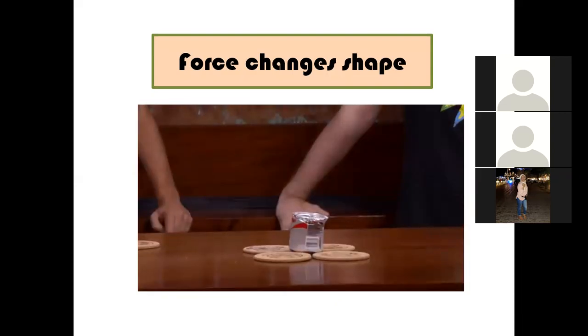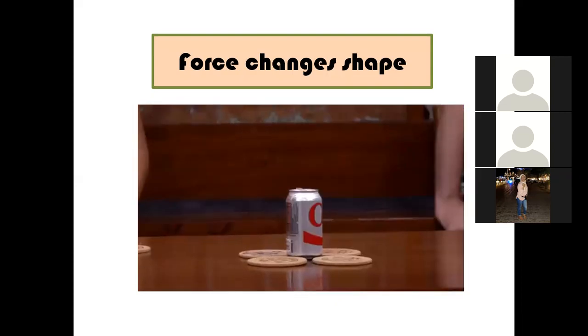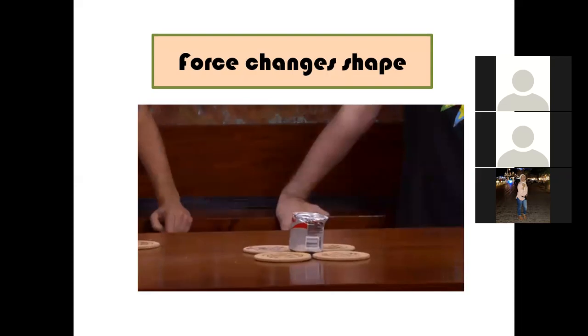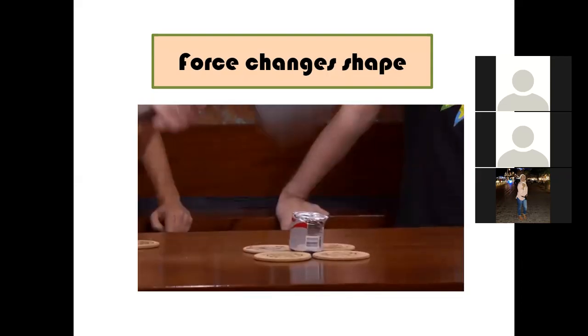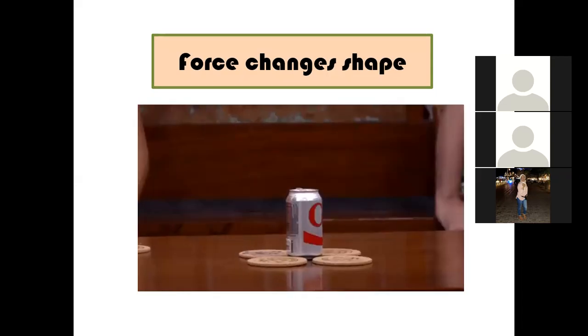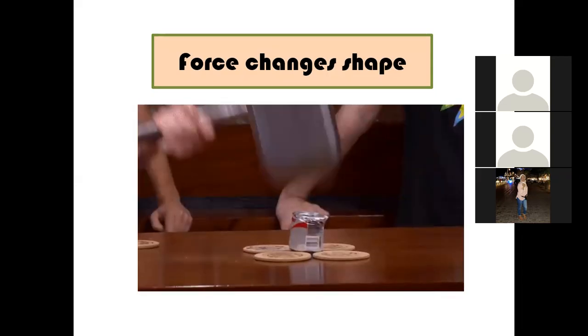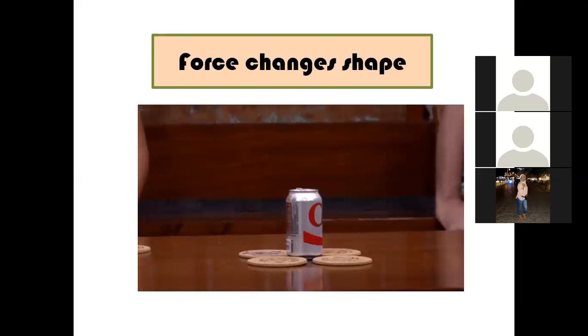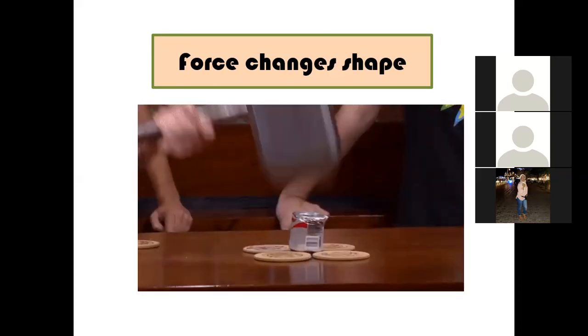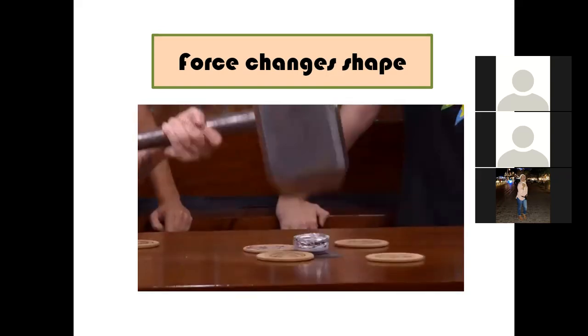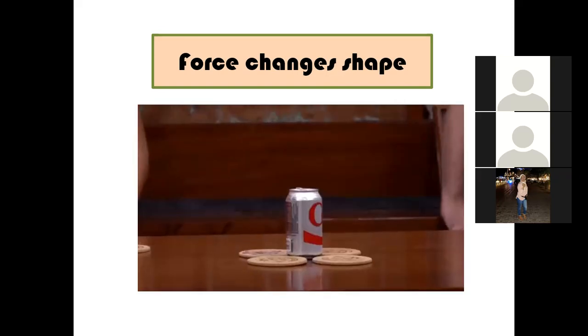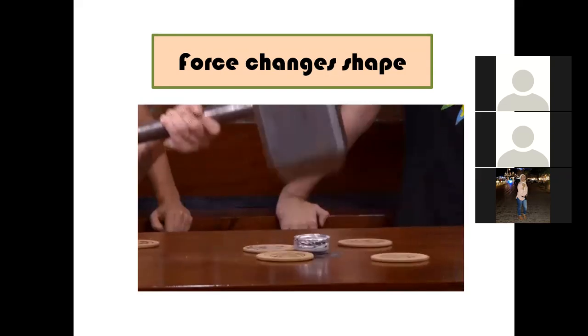Like, for example, sometimes you are trying to make a ball out of the Play-Doh. So you start pushing on the Play-Doh and rolling it between your palms in order to make a ball out of it. So you're changing its shape by applying a force to it.